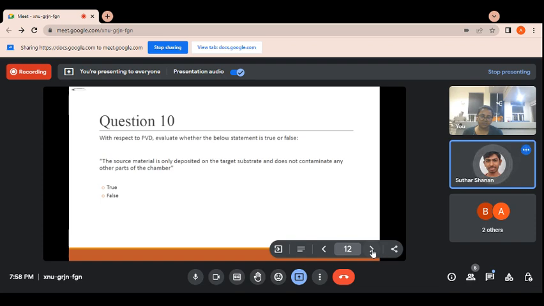So that's why here it is mentioned PVD, which includes sputtering and thermal evaporation. In this regard, it is false. Banana Sindhu, have you got the answer? Is it clear to you?